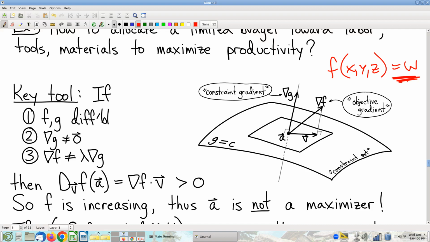There are points of view that you can take by looking at level sets of f, and of course we're already looking at a level set of g, and you can make clever arguments about what you really need is for those level sets to be parallel in certain ways. So there are arguments that you can take in that direction, but not only are they harder to draw, I think they're harder to understand.